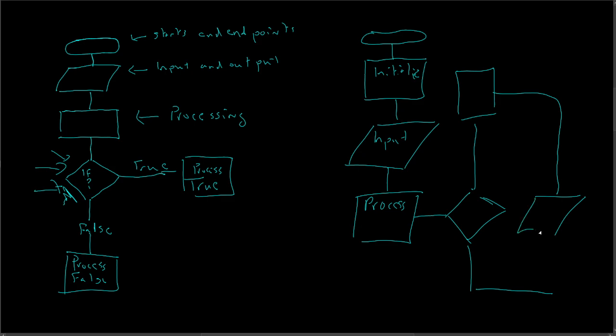And then we get our output. And then we end. Start and end. So this becomes a nice little way of sketching out an idea before you actually sit down and code. And so the book's going to use flowchart symbols loosely to explain some of the logic going on.